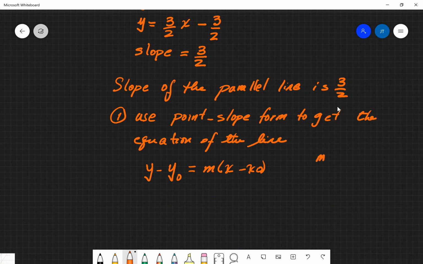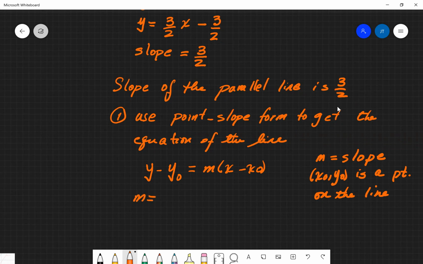Here, m is the slope, and (x0, y0) is a point on the line. In our case, m equals 3/2 and (x0, y0) equals (-1, 3).